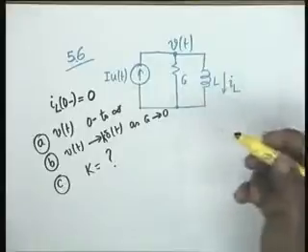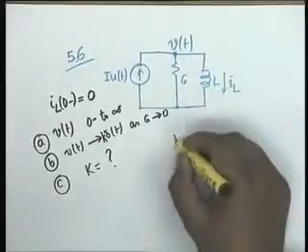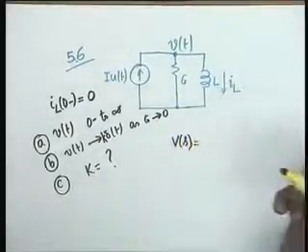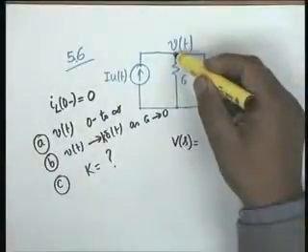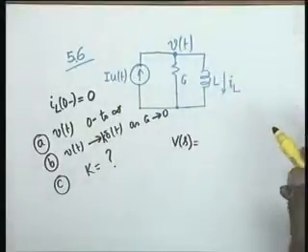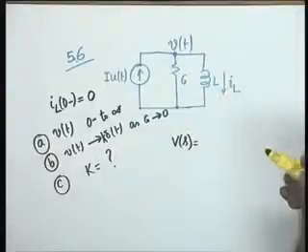Okay. Let us take the Laplace transform. V(s), that is the Laplace of v(t), shall be equal to the current multiplied by the impedance.